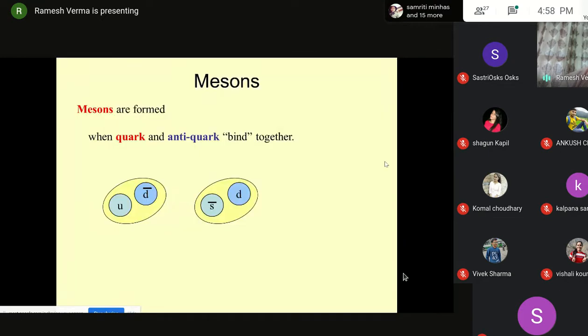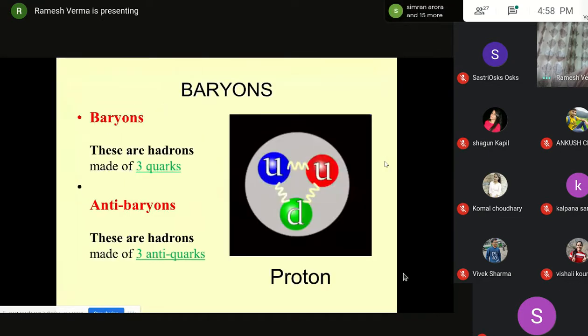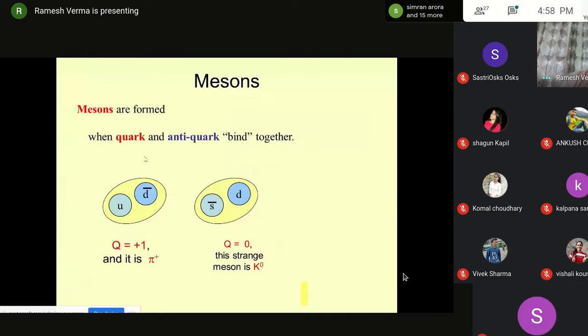So in this way one can see that mesons are formed just from a quark and an antiquark. They bind together. Just to give an example, suppose I combine a U quark with an anti-D quark. Its charge will be plus one, because the charge of U is 2/3 and the charge of D bar is plus 1/3. So the net charge is plus one, and this is going to behave like pi plus.